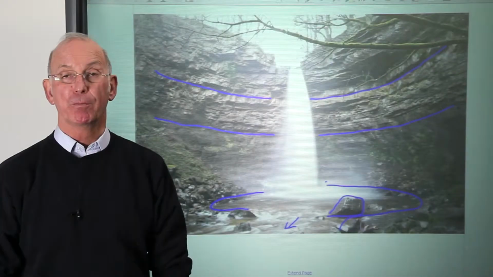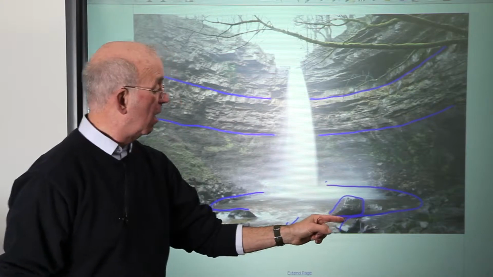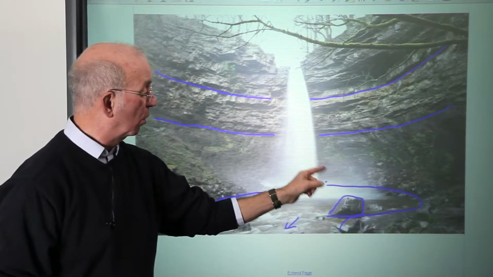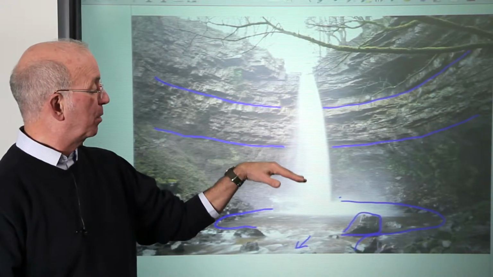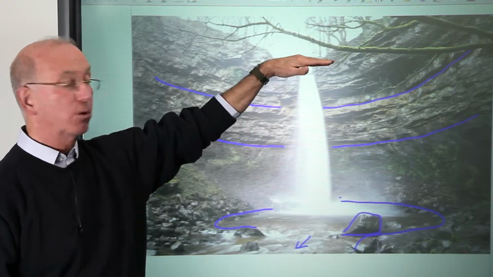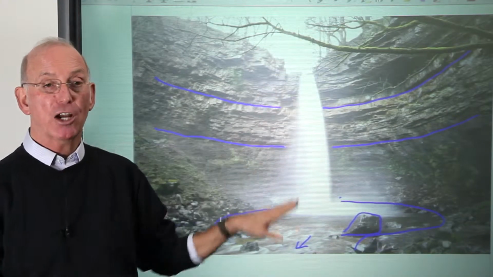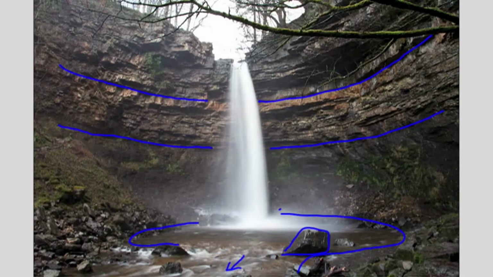So very quickly, all of this is eroded. It leaves a cave behind the waterfall. Eventually, there will be nothing here to support the rocks here, and they will crash into the pool. The result is that this waterfall will actually move backwards in this direction.